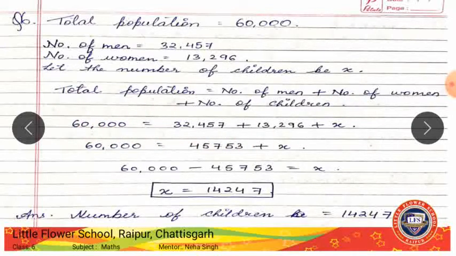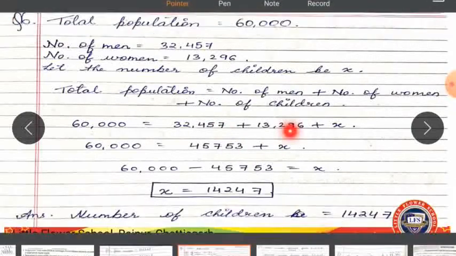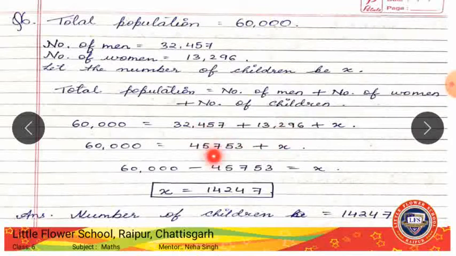Okay, to solve this equation, what we can do, we'll first add these two numbers. So 60,000 equals to this number and this number will be added. 7 and 6 is 13, 3, 1 carried, 9, 1 10 and 5 15, 5 again 1 carried, 4 and 2 6 plus 1 7, 7 here, 2 and 3 is 5, 3 and 1 is 4.